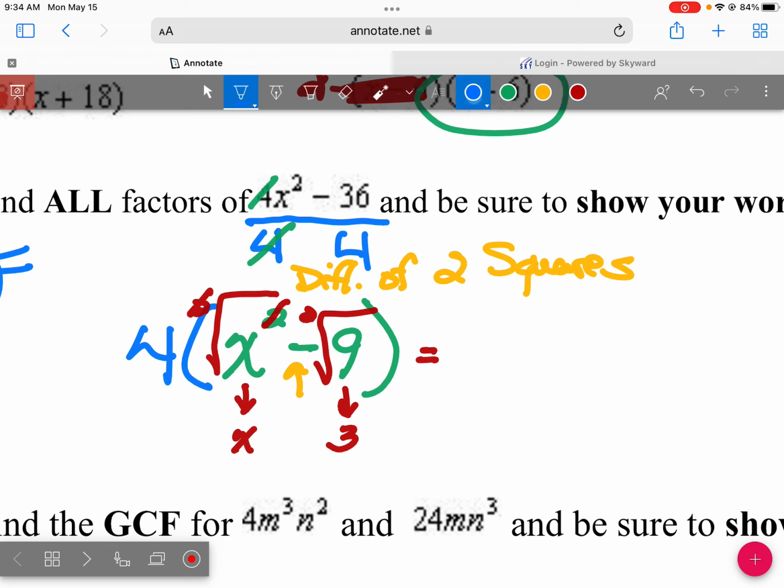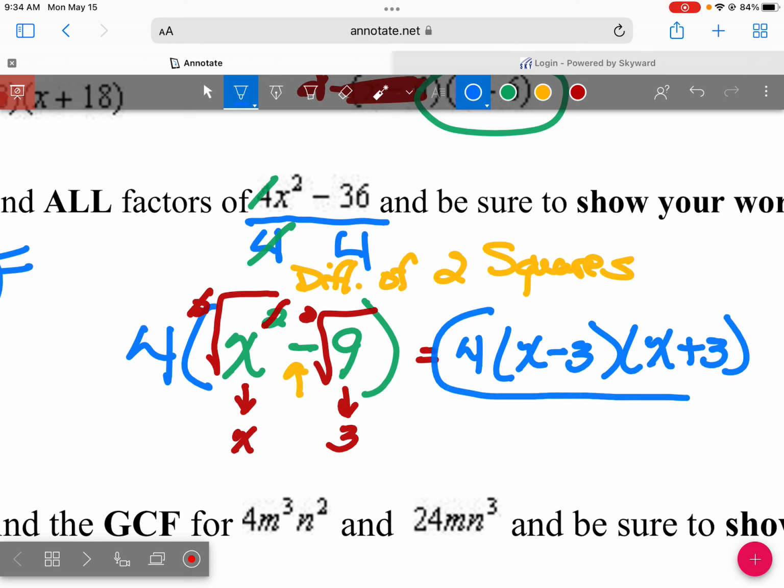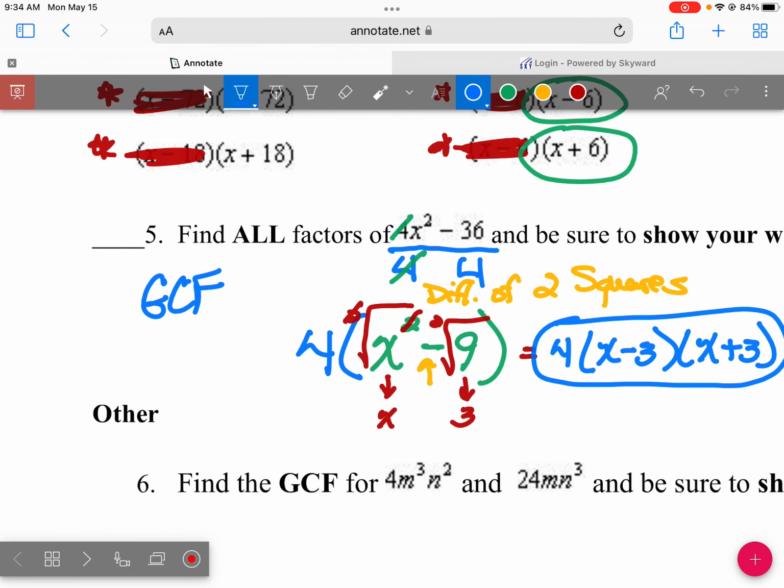So this becomes 4, you just keep bringing the 4 with you, times x minus 3 times x plus 3. And that is the whole factorization of that term. Questions on that? So always look and say, okay, I factored one thing out. If you're not done, you might have to do a little bit more factoring.